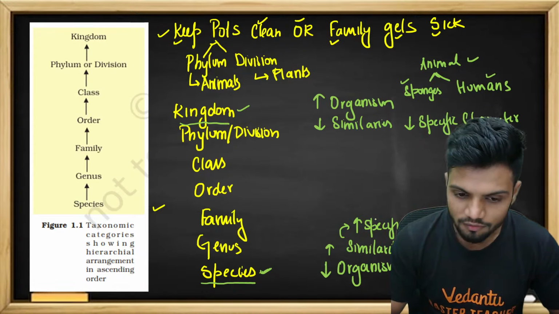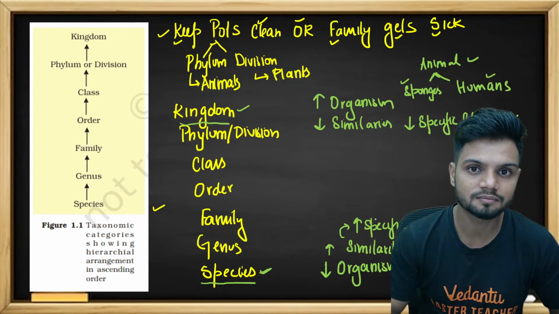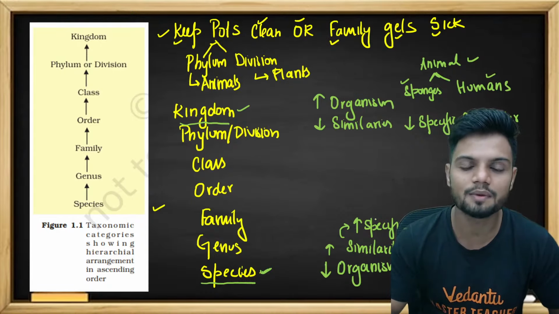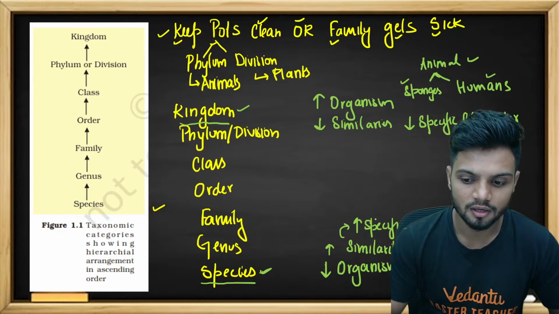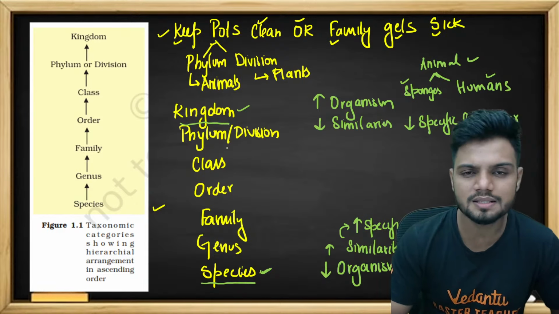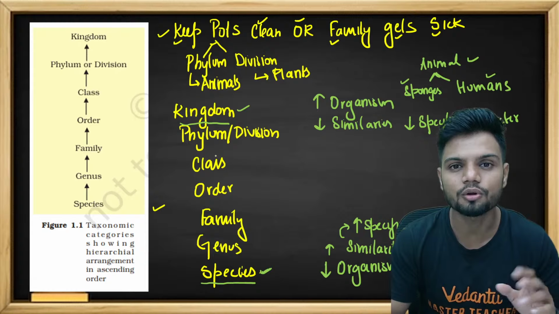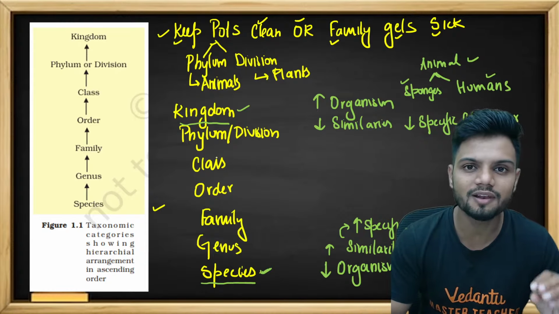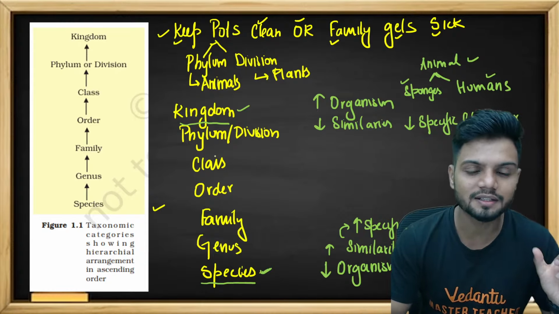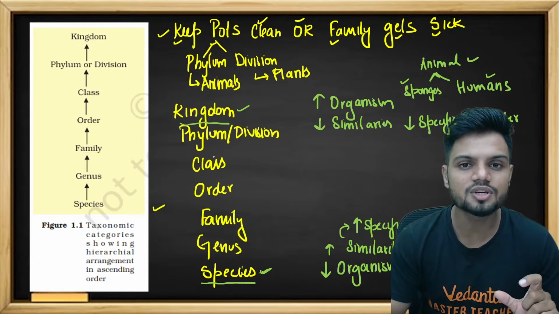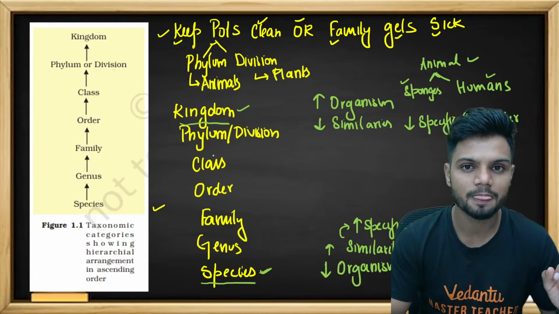Now tell me, which one will have more general characters? For example, a very simple example. All the plants have chlorophyll A. All the plants are autotrophs. That is the general character. All the fungi are saprotrophs. That is the general character.